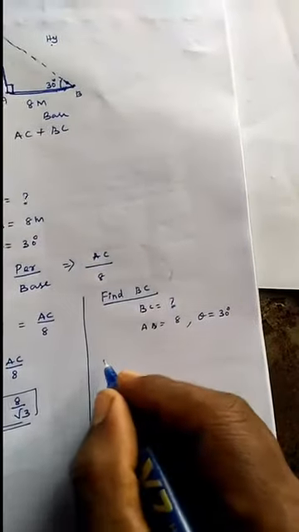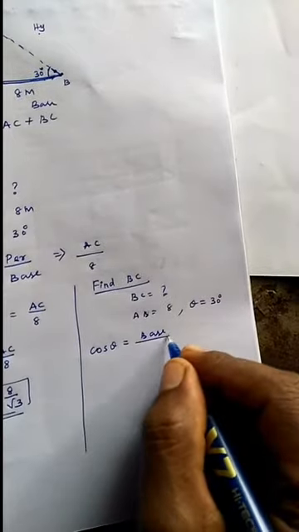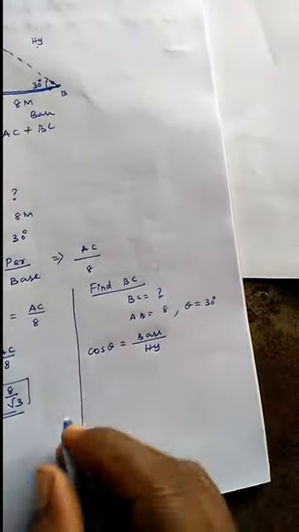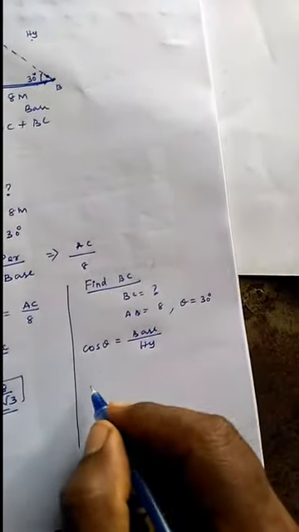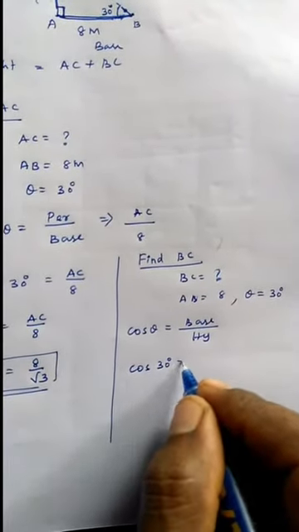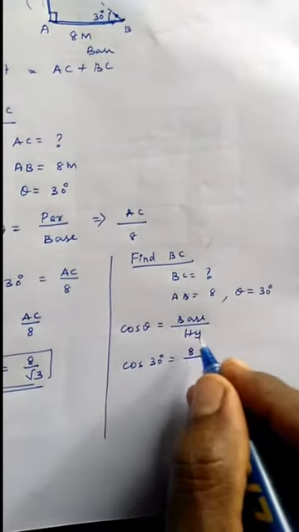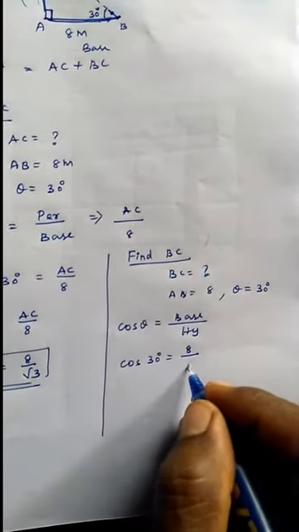So let's take the formula: cos theta equal to base by hypotenuse. Now theta value we have here 30 degree. So cos 30 degree equal to base, we know 8, by hypotenuse. We have to find out that BC value.